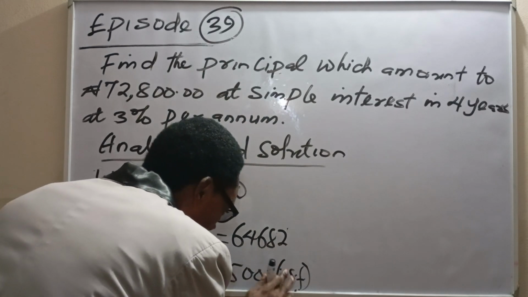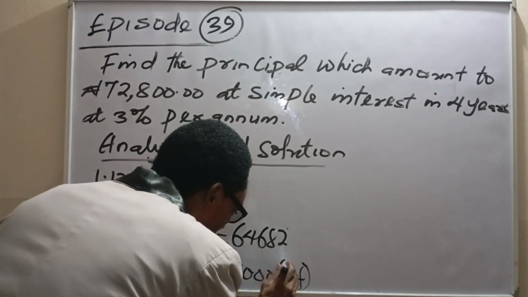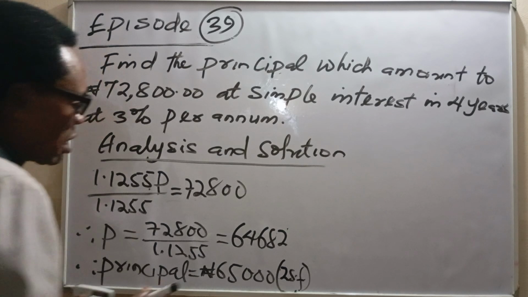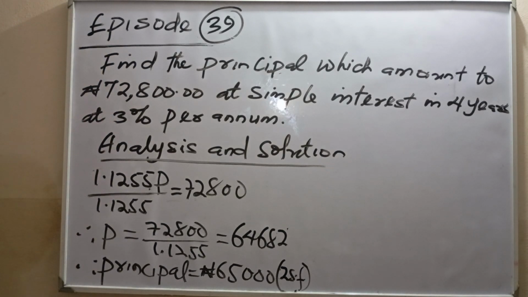So it should be two significant figures, and that is all for this.